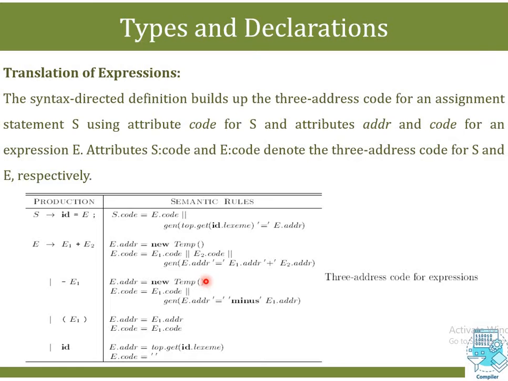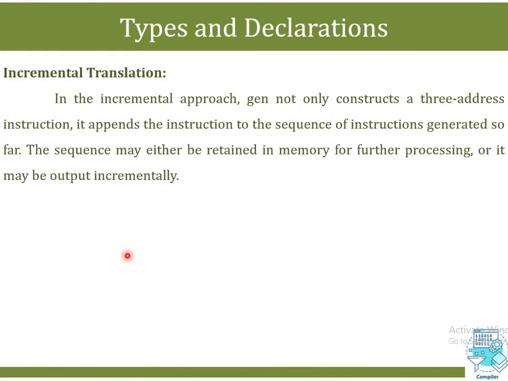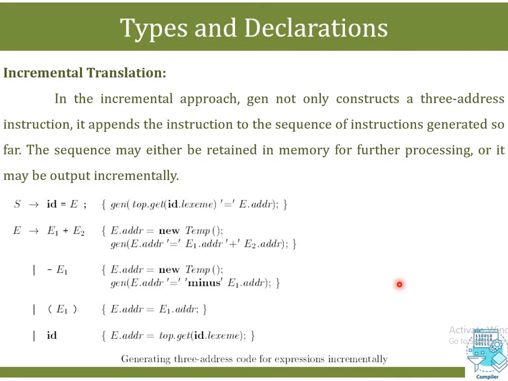Now the refinement for this translation of expression is that instead of generating or storing the code here and there, we can generate the code sequentially. That is a refinement. You can just see here the same grammar and the same semantic rule.